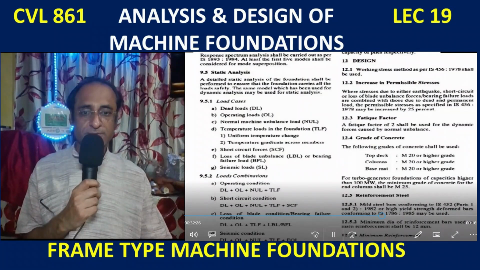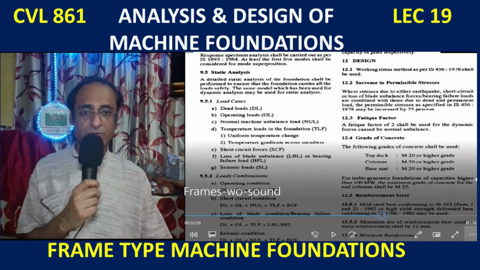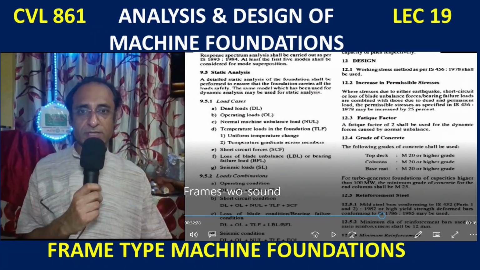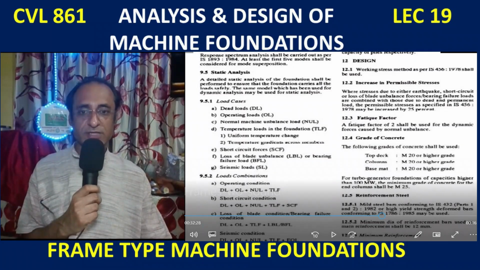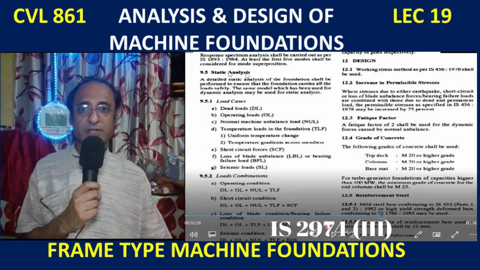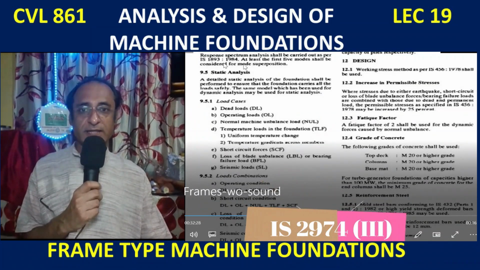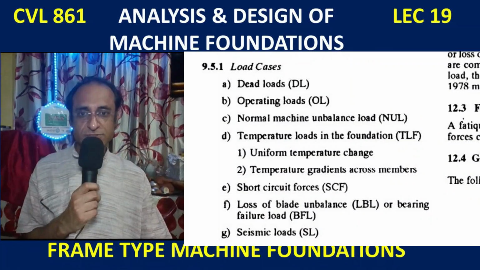I'm just showing you a screenshot from the code IS 2974 Part 3. It recommends that static analysis has to be done for these loads: dead loads or operating loads, then the normal machine unbalanced loads, which are also specified by the manufacturer.